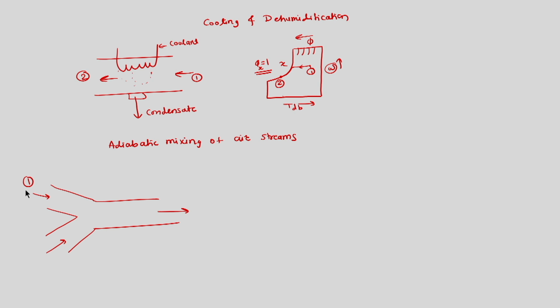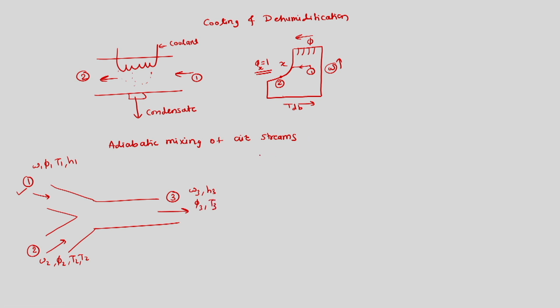So this is air at state 1, this is air at state 2, this is air at state 3. So state 1 has its own omega 1, phi 1, T1, H1. This will have omega 2, phi 2, H2, T2. And then we will have omega 3, H3, phi 3 and T3.